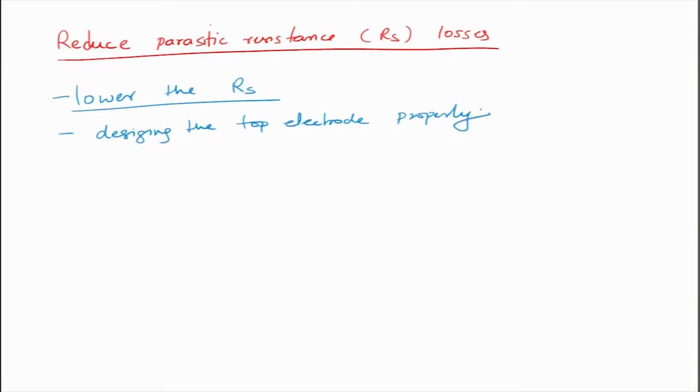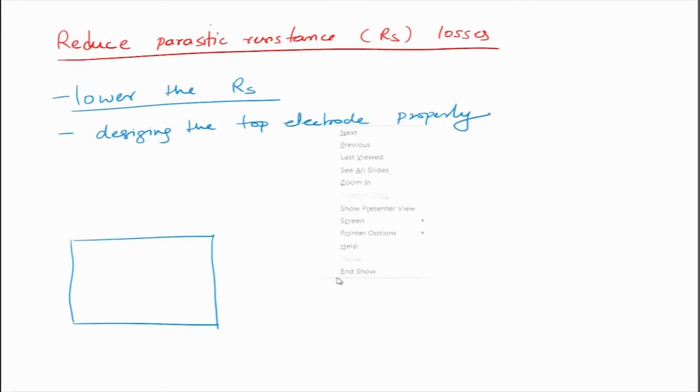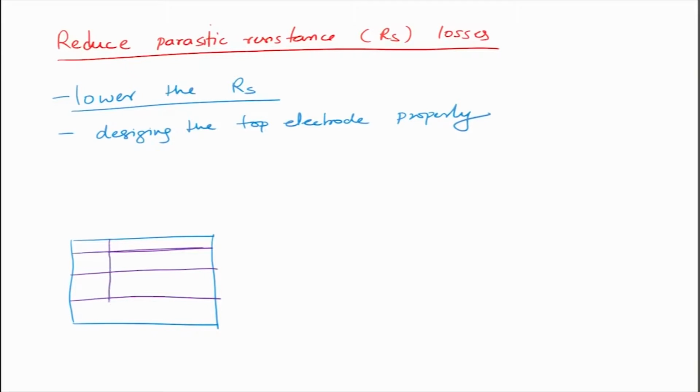Now, what happens is that if I look at the top view of the device, it will have these contacts. So these are the contacts. Okay. So, you have these lines running here, here, here. Now, you want to design these lines in such a manner so that they do not cover the top of the surface, but at the same time, the distance between these lines is extremely important.